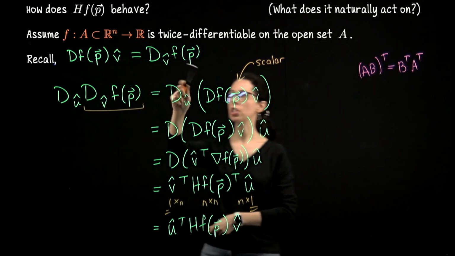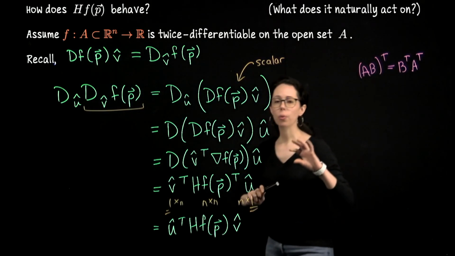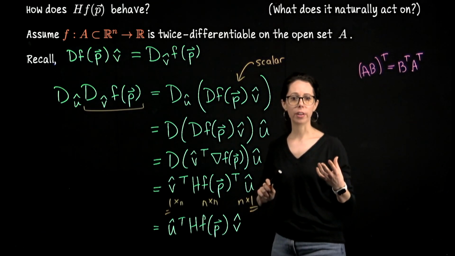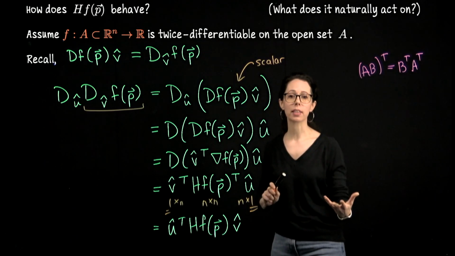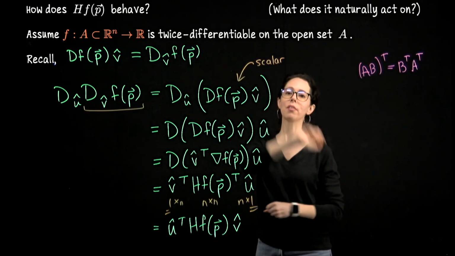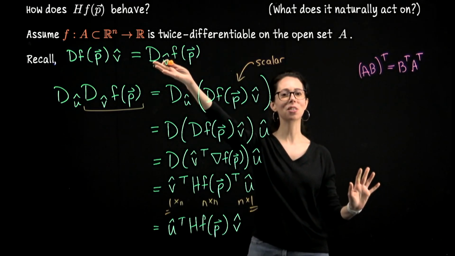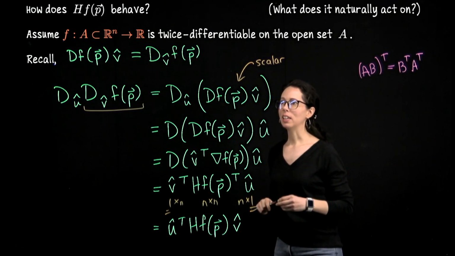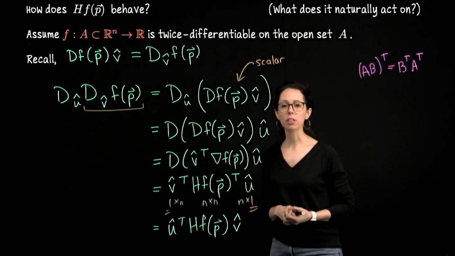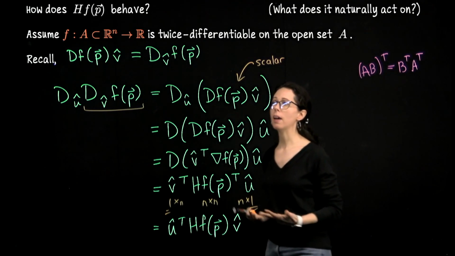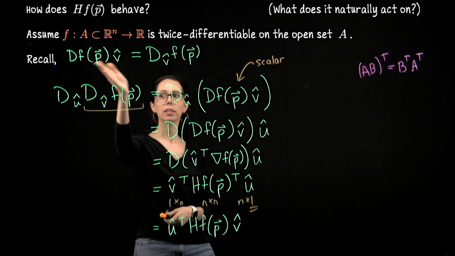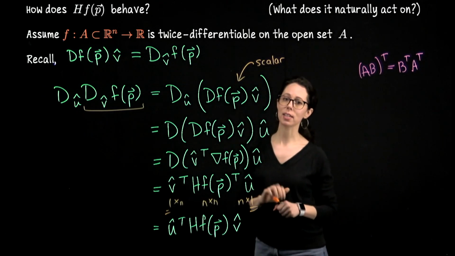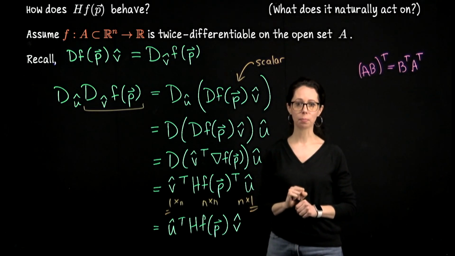What we established here is that when you act on a unit vector with your linear transformation, you can actually give a meaning to that. It's one round of a directional derivative, meaning you just do a basic directional derivative. So we compute the rate of change of f at p in the direction of the unit vector v whenever we act on that unit vector with our associated first order linear transformation.